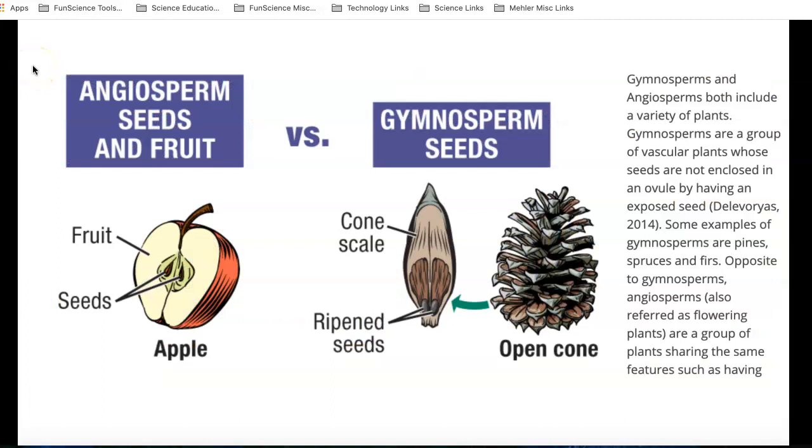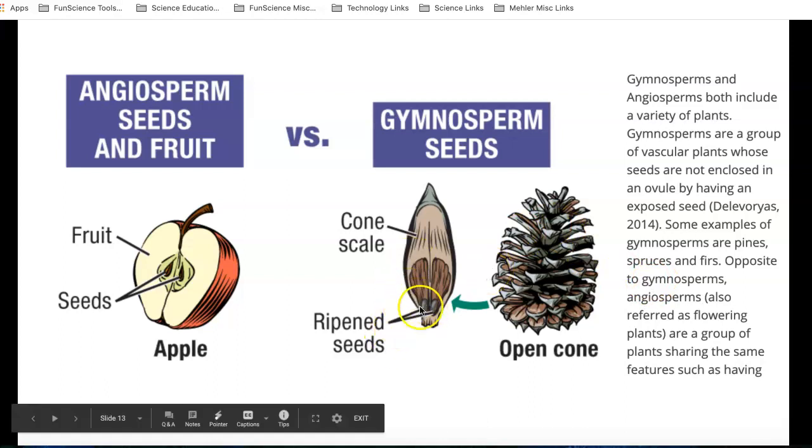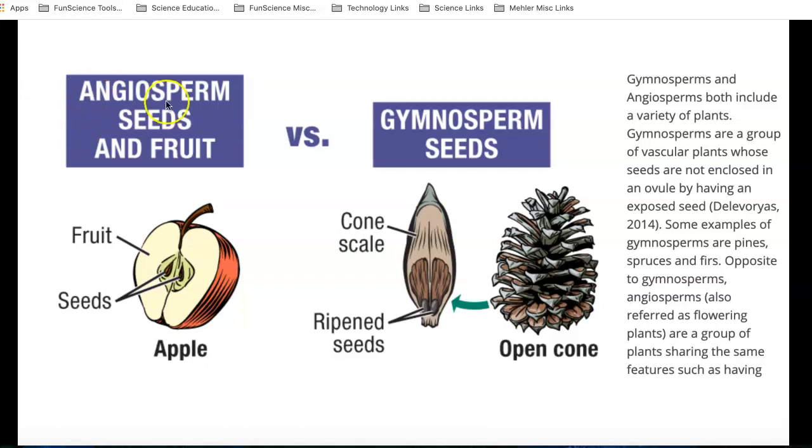Here's a diagram where we can compare gymnosperms that we just talked about, pine cones, and notice where the seeds are right down here, and angiosperms, like the fruit tree, like the apple tree. Okay, gymnosperms, gymno means naked. There's no fruit around these seeds.